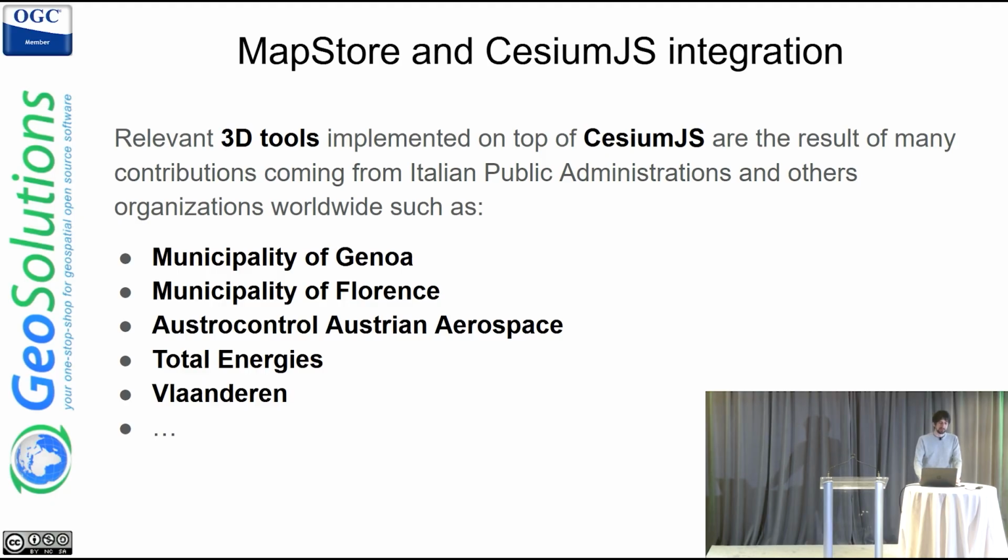The contributors we collaborated with are public, for example, Italian public administrations and organizations worldwide. Here is a list of a few of them, because we're including in the screenshots their work and a preview of some of the functionality that we implemented.